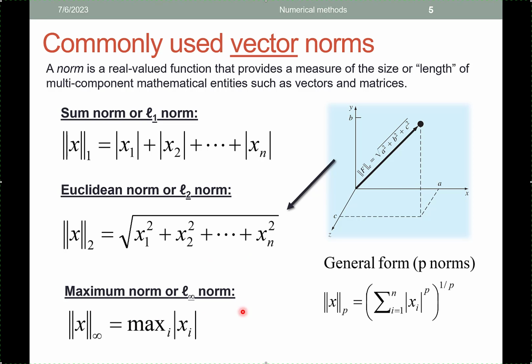Another is taking the maximum value in the vector, called the L infinity norm, which is the maximum norm. So if I had a vector with 1, 2, 3, 4, 5, the maximum value is 5, so the norm in this case would be 5.